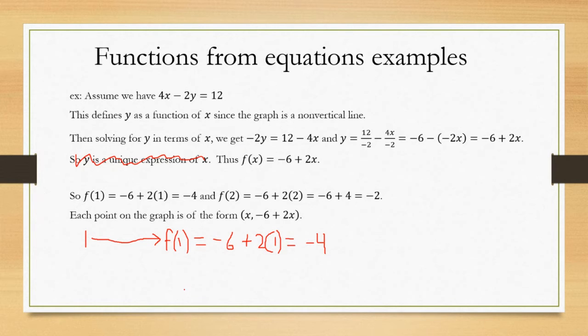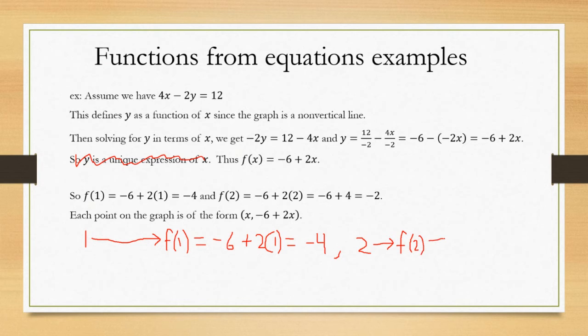I'm also doing this for 2, okay? F of 2 is -6 plus 2 times 2. And so here, let me do that over here, actually. So for 2, you plug that into the function, right? We get back our output, f of 2, as you can see.